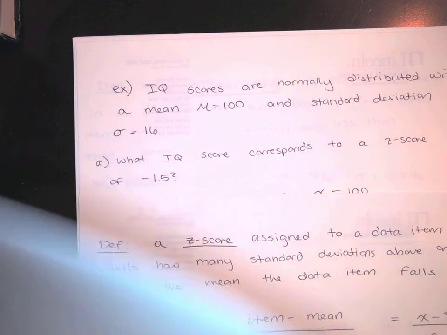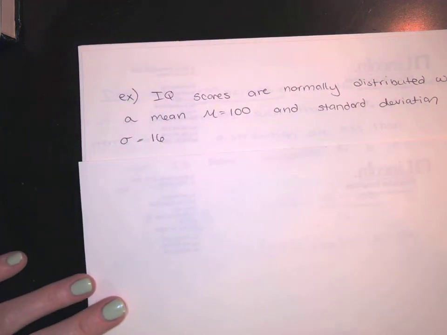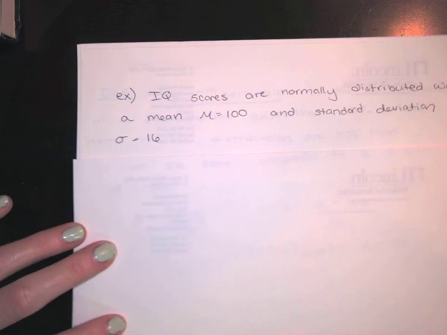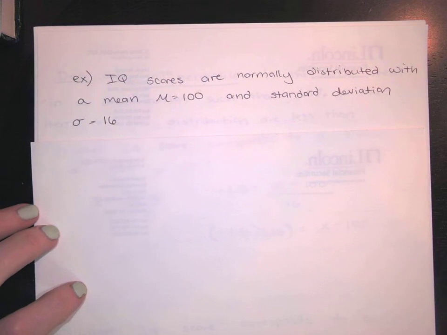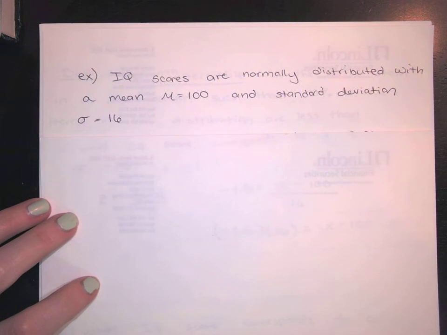Let's do another example. IQ scores are another item that are normally distributed across populations. So let's say the mean for IQ scores is 100 with a standard deviation of 16.